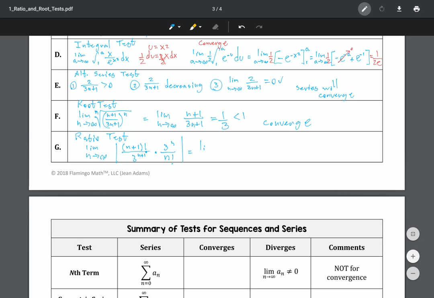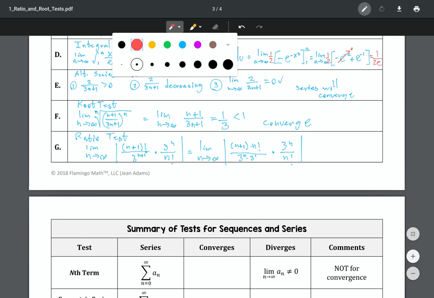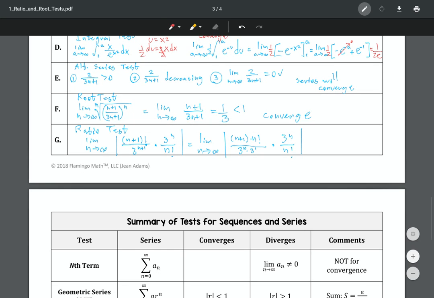A little bit of simplification like I did at the beginning. Remember, n plus 1 factorial, I can write as n plus 1 times n factorial, all over 3 to the n times 3 to the first, which would be 3 to the power of n plus 1, times 3 to the n over n factorial. The n factorials cancel, the 3 to the n's cancel.